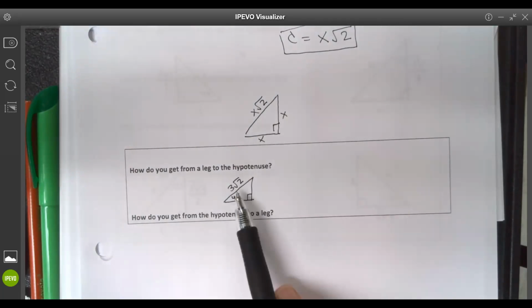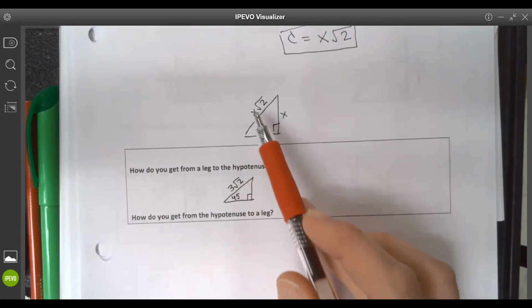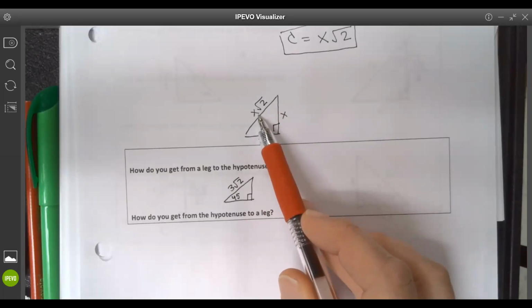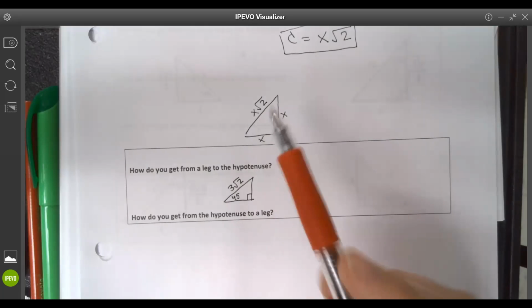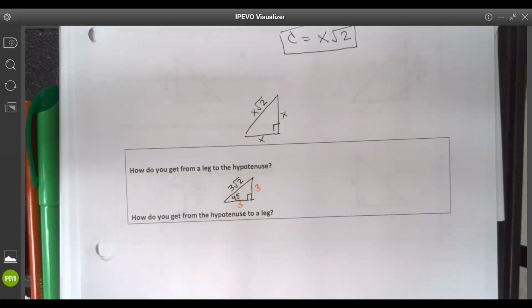If my hypotenuse is 3 rad 2, what are each of my legs? 3 rad 2. This is x rad 2. So what's x? 3. Well, what are my legs? They're just 3. They're just going to be what x is. 3 and 3.